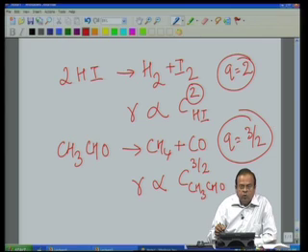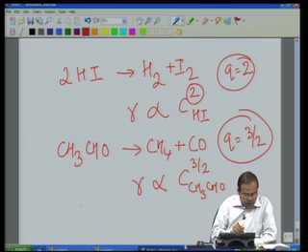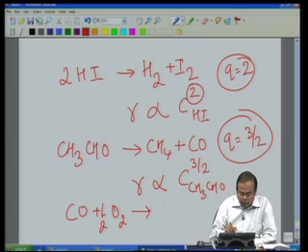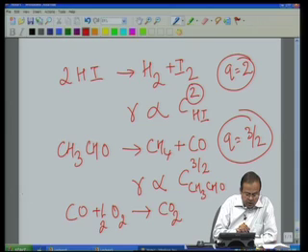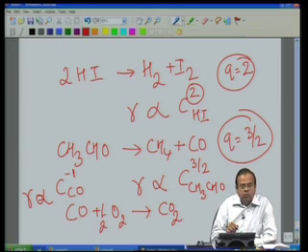Do they have to be positive numbers? Not necessarily. For example, if you look at reactions such as oxidation of carbon monoxide to carbon dioxide, under certain conditions the rate is proportional to the concentration of carbon monoxide raised to minus 1.